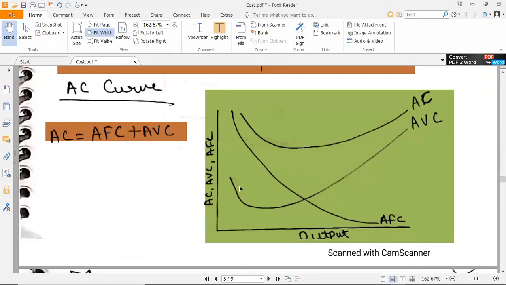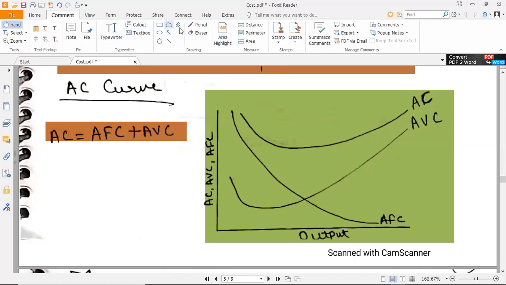Average variable cost curve is a U-shaped curve going like this, and then average cost is the summation of AFC and AVC. So when we add this AFC with this AVC, we get this curve. As we can see, the difference between the AC and AVC curve is continuously falling. The difference is so much here, then it is continuously decreasing, and ultimately becomes very less.